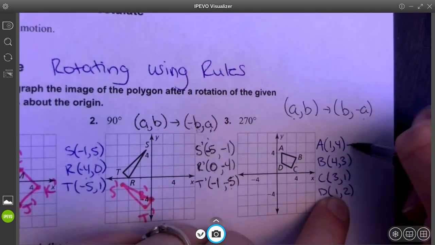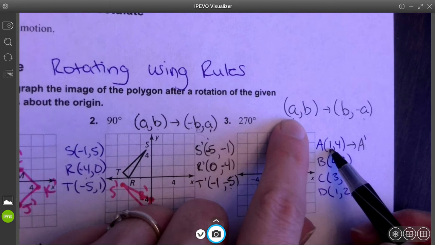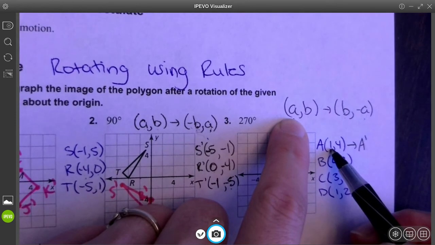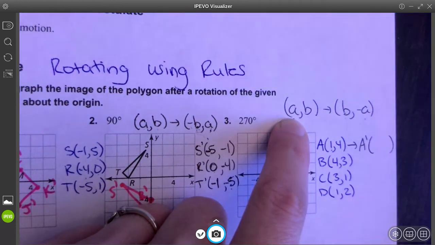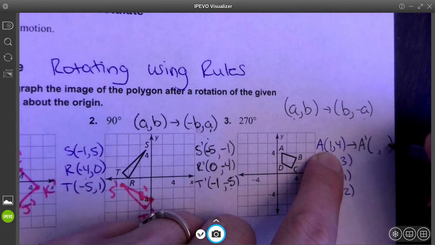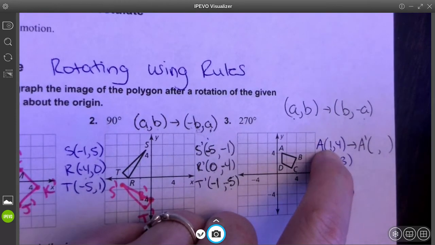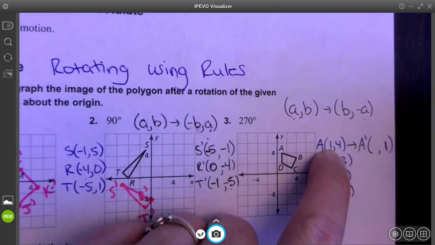So let's apply this rule to get A prime. The x coordinate of my pre-image will become the y coordinate of my image, but I need to take the opposite. So +1 is the x coordinate of my pre-image. The opposite of +1 is -1.